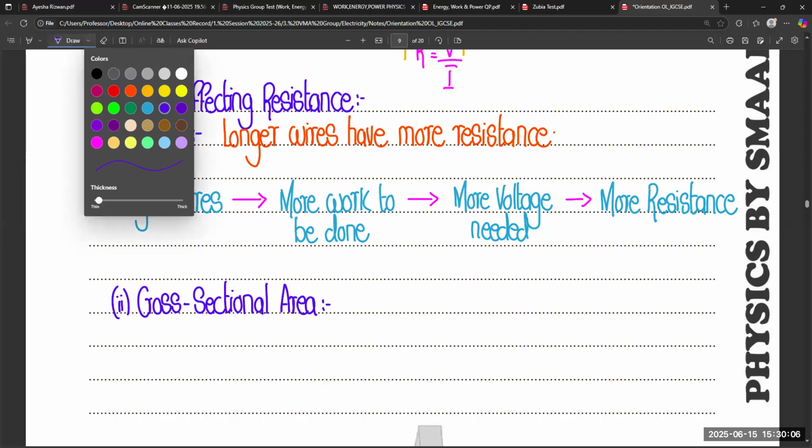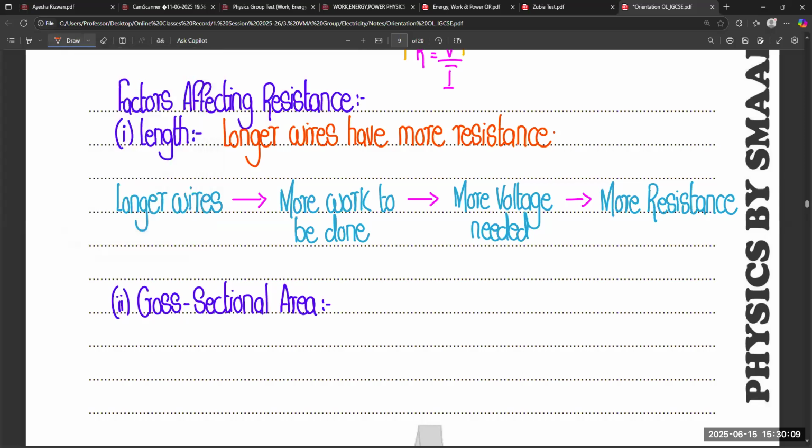Cross-sectional area means, if you consider the example of a water pipe, we have different types of water pipe. If we have a small mouth of the water pipe, there will be less water flow through that pipe. But if we have a large cross-sectional area or large mouth of the water pipe, there will be more water that can flow through that specific region of the pipe.